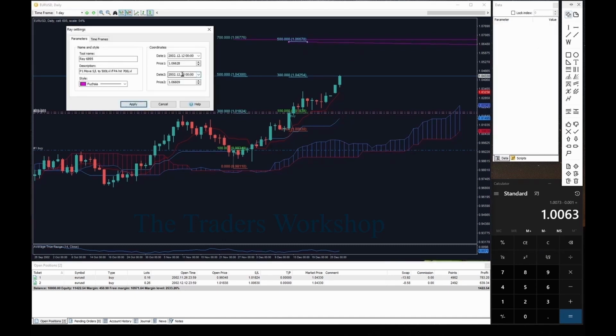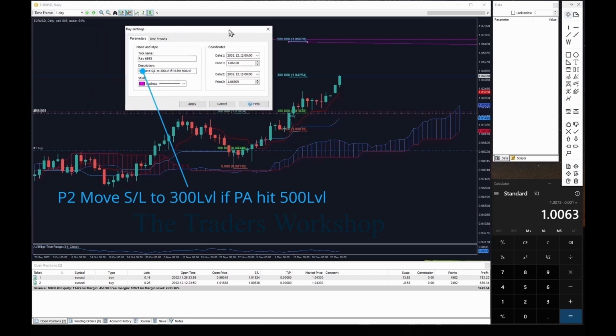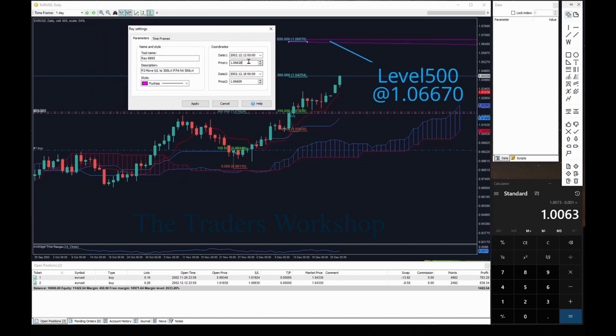Now, let's edit the description for this position. It goes like this: for position 2, move the stop loss to level 300 if the price action hit the level 500. Next, the price level should be 1.06670.